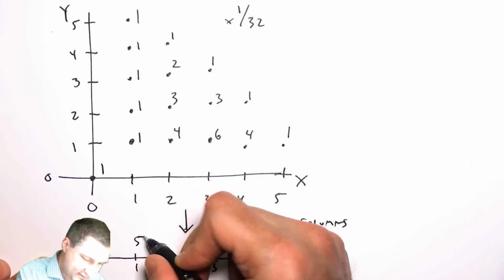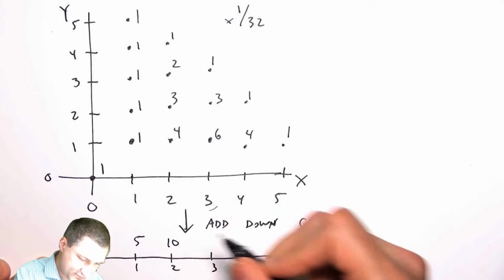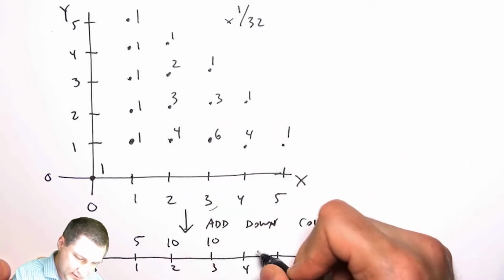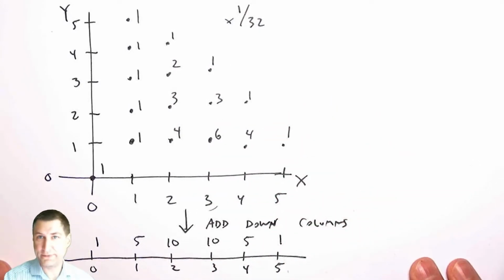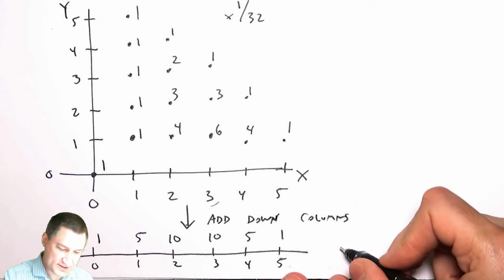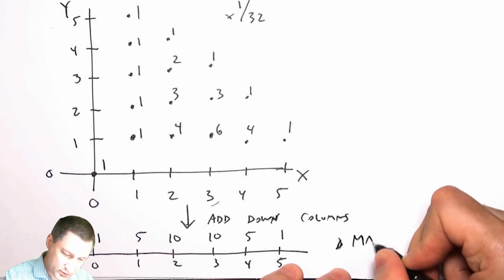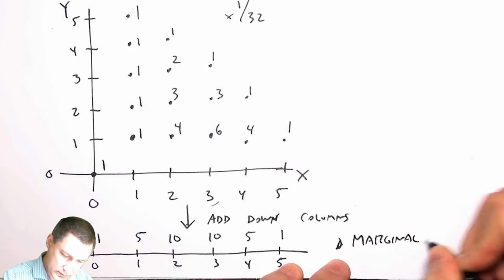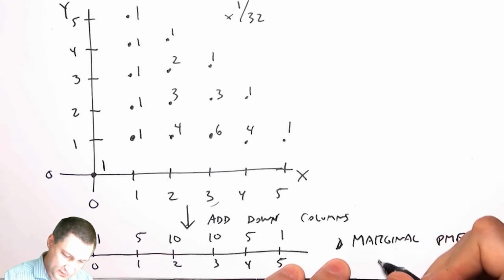Here I get 5. Here I get 1 plus 2 plus 3 plus 4 is 10. 10, 5, 1. And so this is the marginal PMF for X.